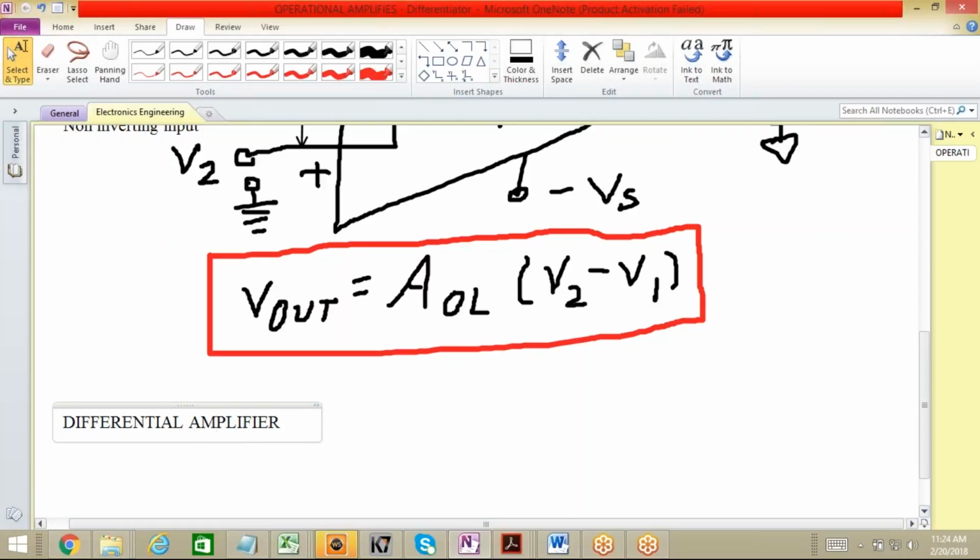Now we know that this op-amp is a differential amplifier, but whenever it is used in the open loop configuration, as we have just seen, then the gain of this op-amp is quite high. That means the value of AOL will be very, very high actually, and because of this, the output will always get saturated. So in order to avoid this condition, we must use op-amp in a feedback circuit.